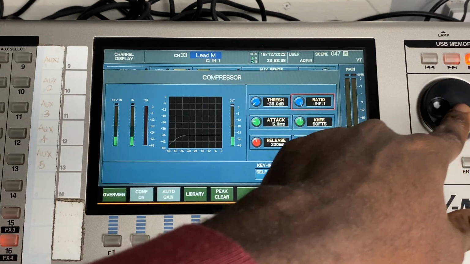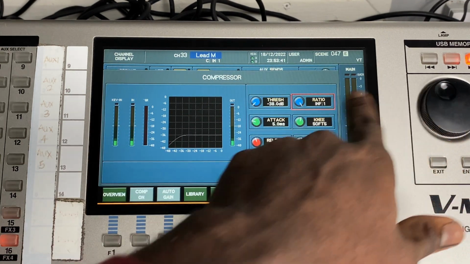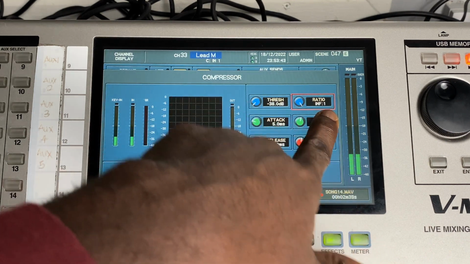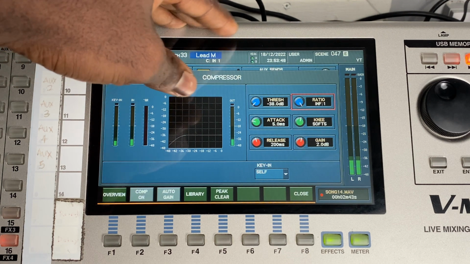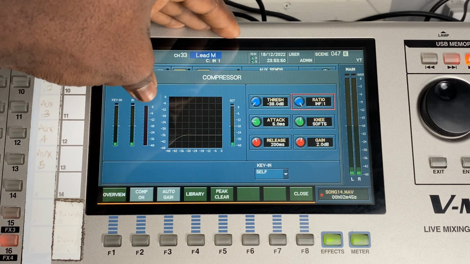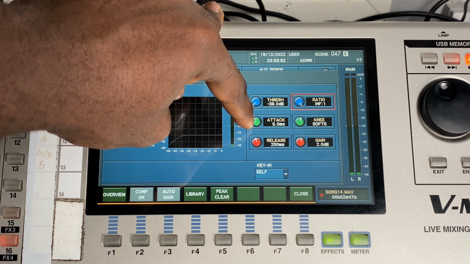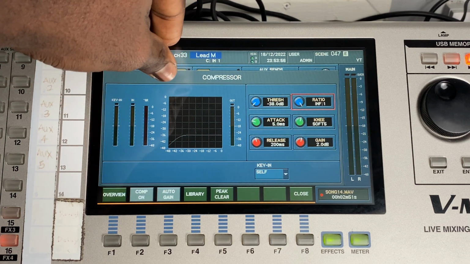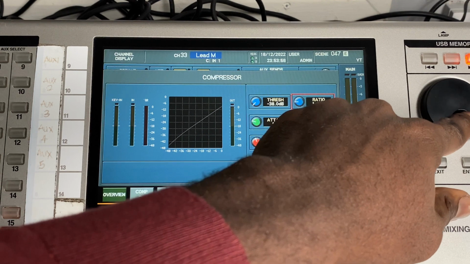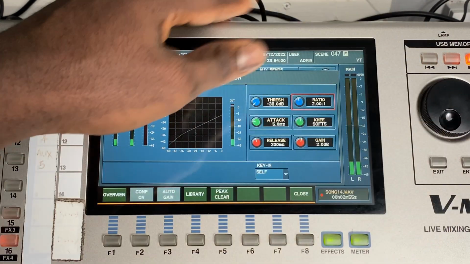And a higher ratio, 16 to 1 all the way to infinity to 1, is like a limiter. It simply means after the threshold, no matter how loud the signal gets, the output of the compressor will remain the same. So I can shout as much as I like, and it will just limit my voice at a particular point.